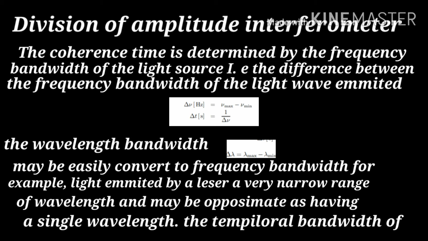For example, light emitted by a laser has a very narrow range of wavelength and may be approximated as having a single wavelength.